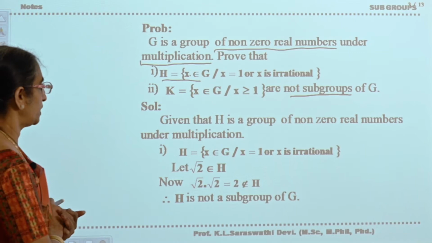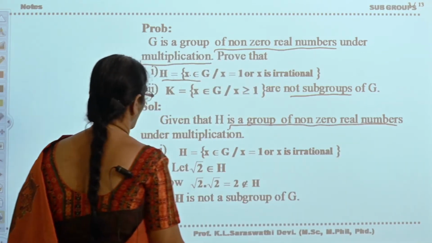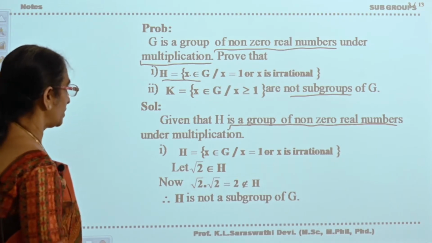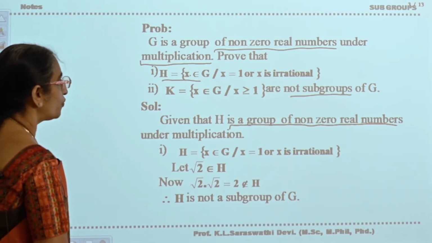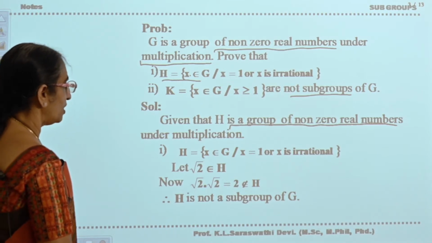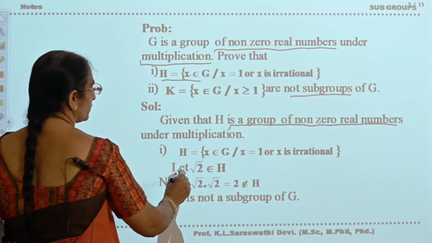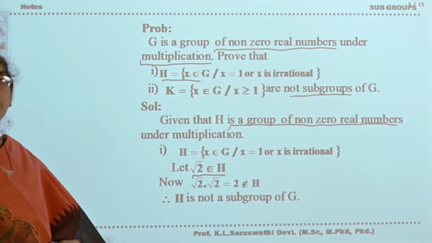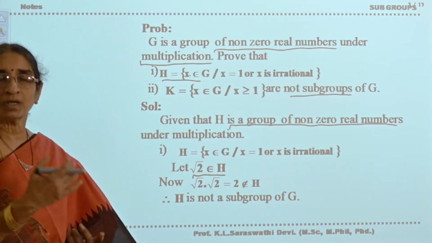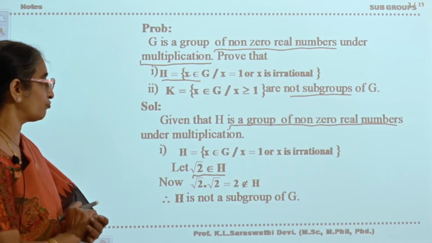Now see here. Given that G is a group of non-zero real numbers under multiplication. Now H is equal to the set of x such that x is equal to 1 or x is irrational. Suppose x is irrational. Take any irrational number. Therefore root 2 belongs to H. But root 2 into root 2 is equal to 2. 2 is not irrational and 2 is not equal to 1.